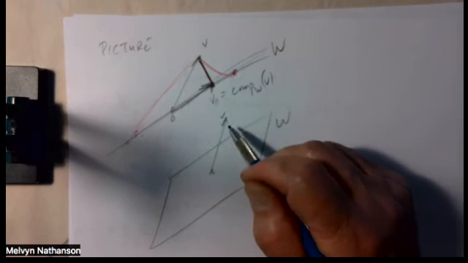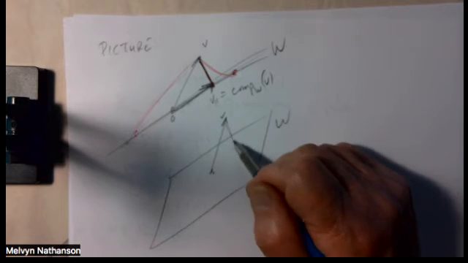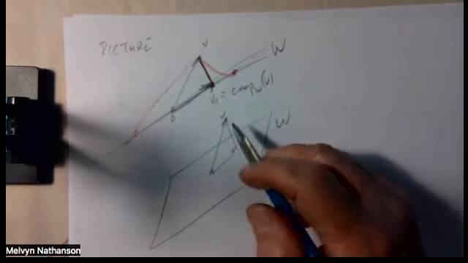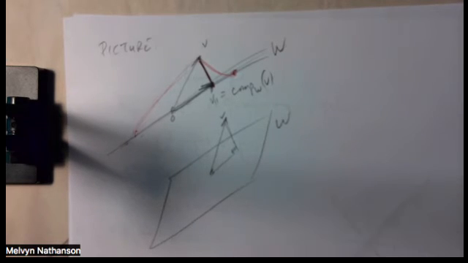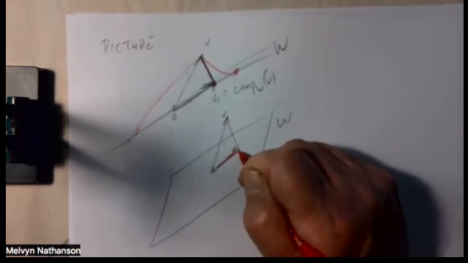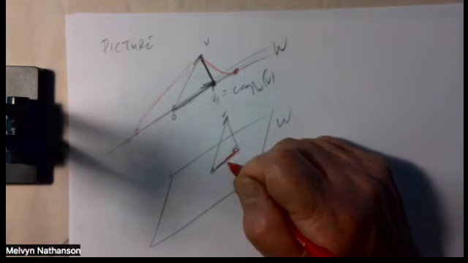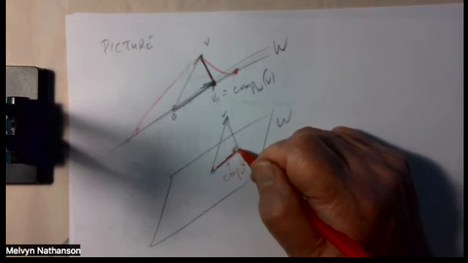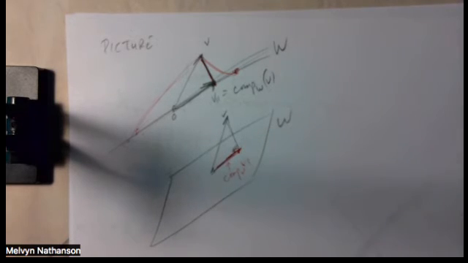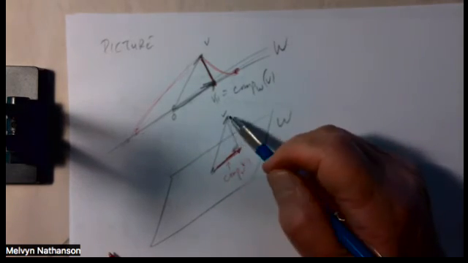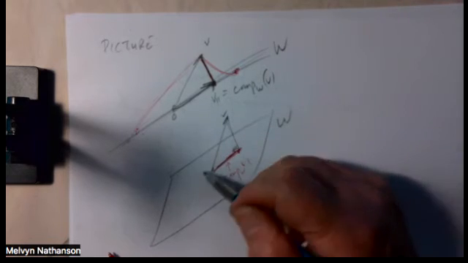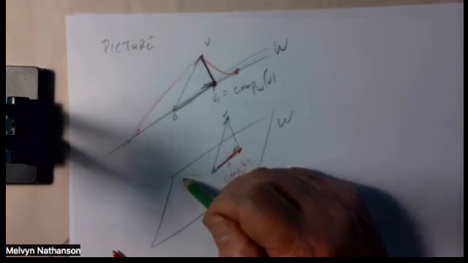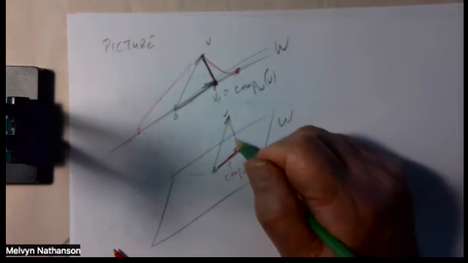You would like to do something analogous to dropping a perpendicular from V into W. Then this vector V consists of this vector in W, which is the component of V with respect to the subspace W. And this vector in W will have the property that it's also the closest possible vector to V. If I were to take any other vector in W, the distance to V would be bigger. This is the shortest distance.